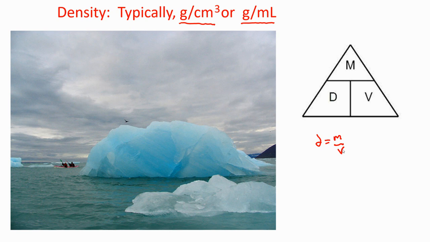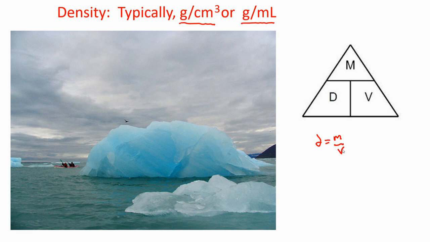The triangle that you see is often used in middle school classes to help students with rearrangement of the particular equation. How does it work? Cover up one segment of the triangle and it shows you the relationship that defines that segment.